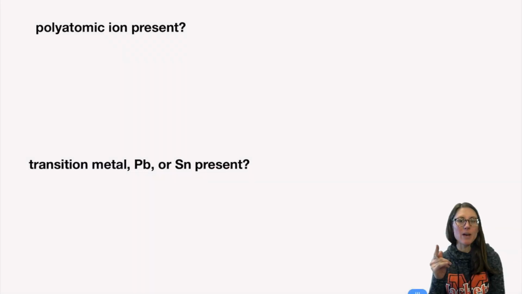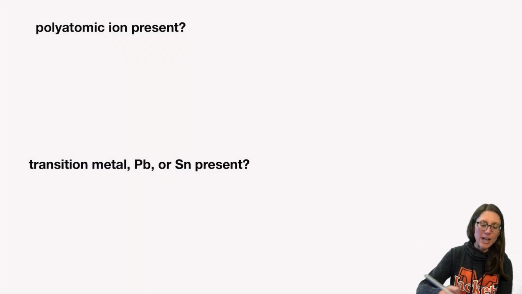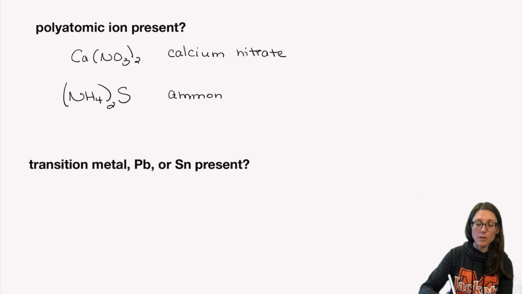So we'll always name it in that order. What if you have a polyatomic ion present? Oh, that's easy. Just use its name. So for example, if I have calcium and the polyatomic ion nitrate, this is just calcium nitrate. On the other hand, if I had ammonium and sulfur, this is ammonium sulfide.